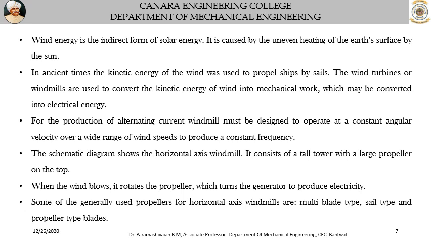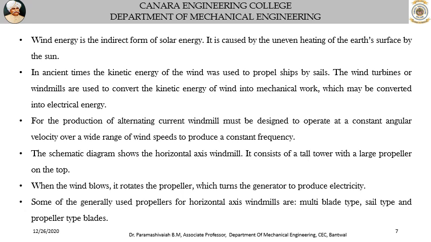For the production of alternating current, a windmill must be designed to operate at a constant angular velocity. The velocity of rotation of the windmill should be constant in order to generate alternating current with a definite frequency. Otherwise, the wide range of wind speeds will decide the frequency of the current.